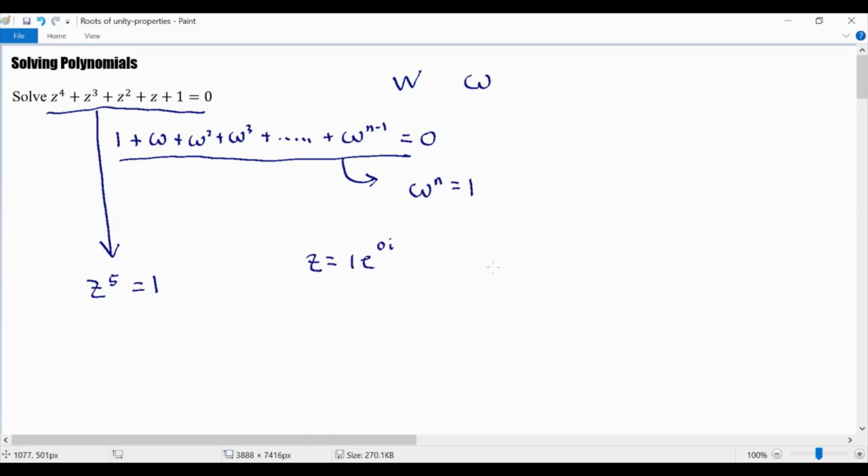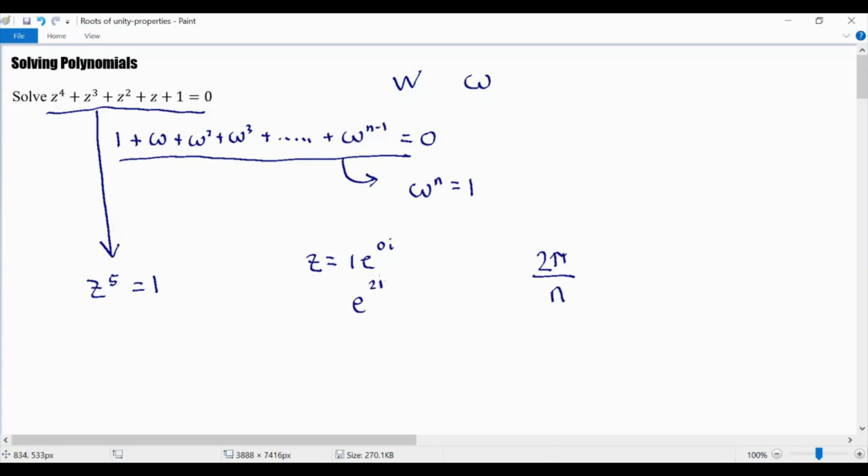But then to find all the others, remember all the other roots of a complex number are complex numbers with the same modulus, but an argument that's different by 2 pi divided by the number of roots we're going to be dealing with. The number of roots we're dealing with is the same as the power, so therefore 2 pi over n is the gap between each argument. As we've got a power of 5, that means we're expecting an argument of 2 pi over 5 in between each root.